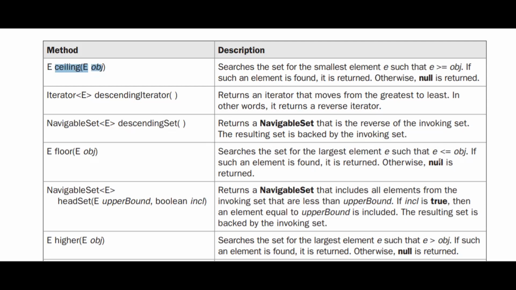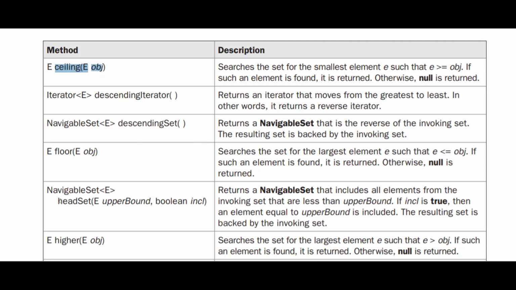Again in the same example, if we consider the navigable set of even numbers and we pass 5 to this floor function, this time it will return 4, because 4 is the nearest match and it is less than or equal to the element that we have passed, that is 5.